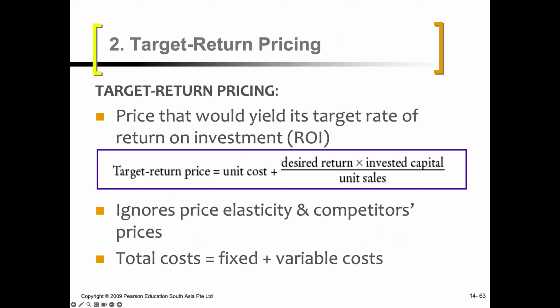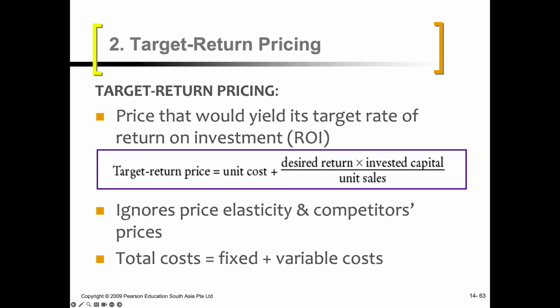The target return pricing is the price that would yield its target rate of return on investment, the ROI. The target return price would equal the unit cost plus the desired return multiplied by invested capital, divided by the unit sales.